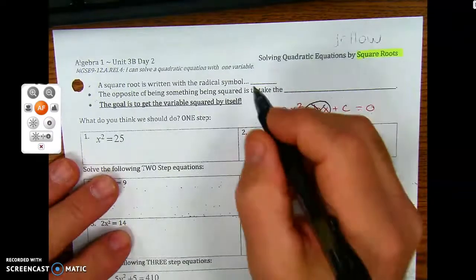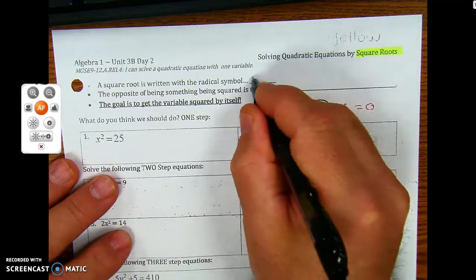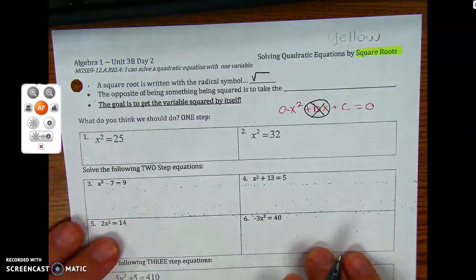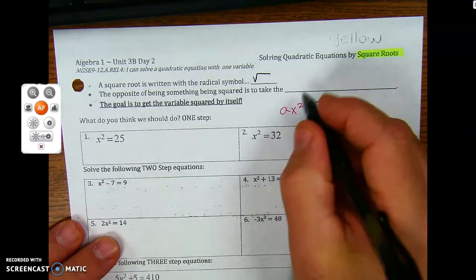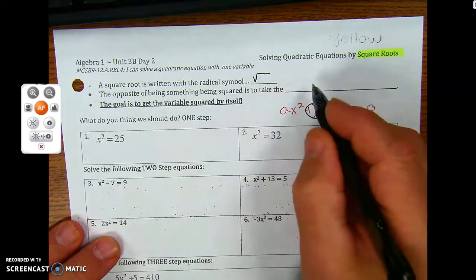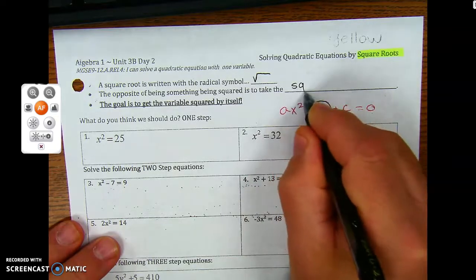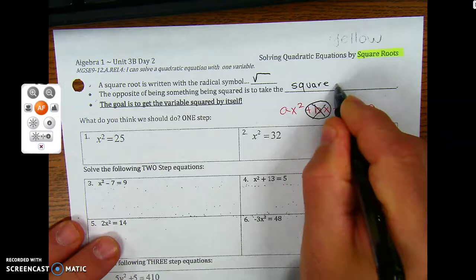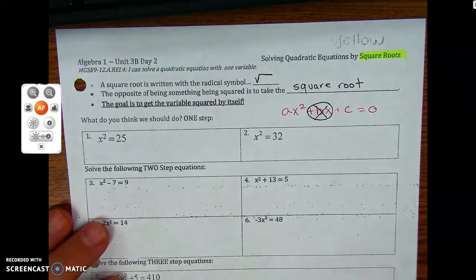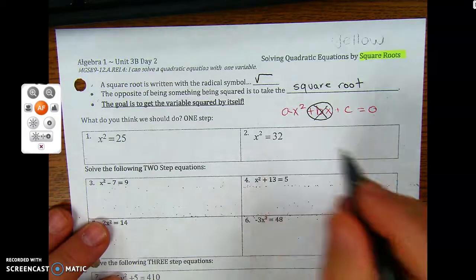Now, what is a square root? Obviously, you know a square root looks like that. The opposite of something being squared, which means to the second power, is taking the square root. We talked about this a little bit when we were doing difference of squares problems in factoring.